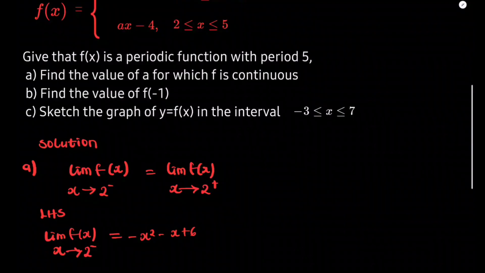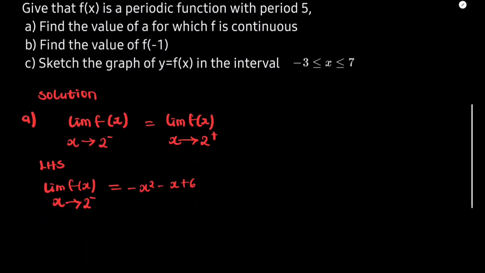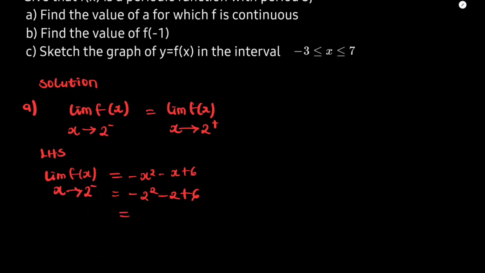As x goes below 2, we substitute 2, so we have minus 2 squared minus 2 plus 6. So we have minus 4 minus 2 plus 6, which is minus 4 plus 4. This gives us 0. So the left hand side evaluates to 0.